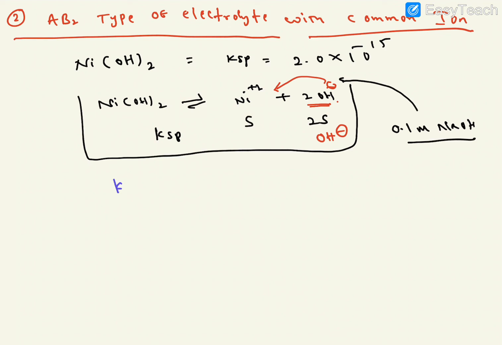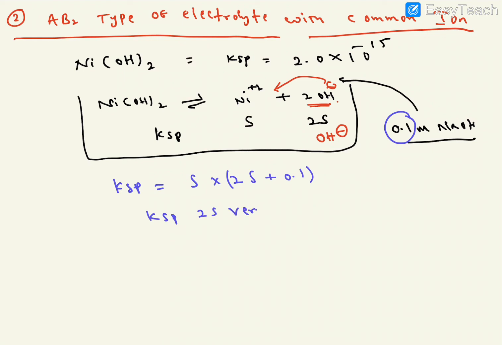So for the total solubility product, how do we represent it here? Ksp is equal to the nickel plus 2 concentration, S, into the OH minus concentration, 2S plus the concentration we are adding here, 0.1.